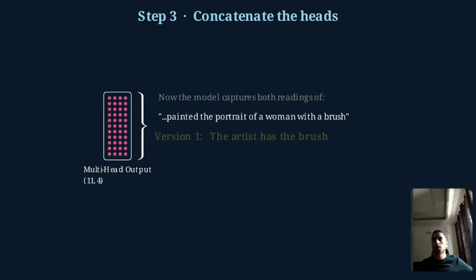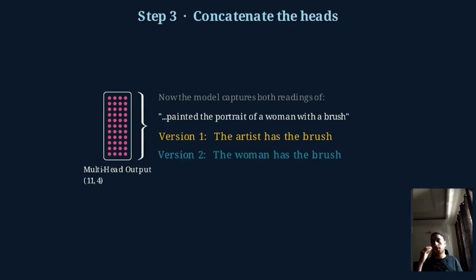And now this matrix has multiple perspectives for the same sentence. So we have encoded multiple perspectives into our contextual embedding. That is the idea of multi-headed attention.